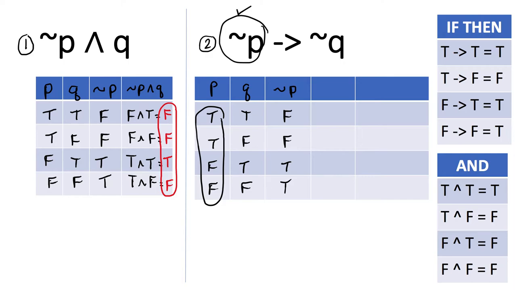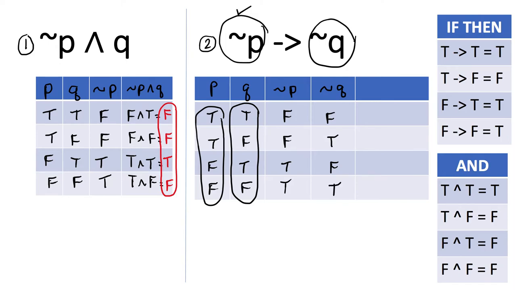Now look at the right side. The right side has a negation of Q. I don't have that column either, so I'm going to go ahead and add that one. And that will be found by taking the opposite of these values. So instead of true, false, true, false, we'll go false, true, false, true. And that will take care of the right side.